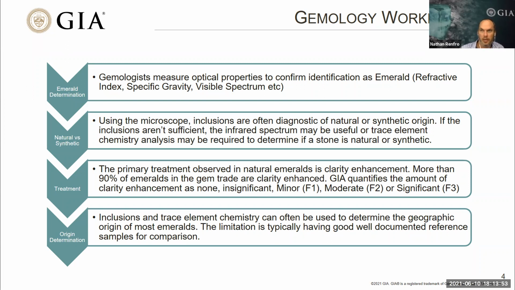A lot of clients really want to know where their emerald comes from. There are a lot of deposits globally, and there are some differences in the appearance of those stones. There's Colombia, Zambia, Brazil, Russia, and so we look at the details of the stone, the trace element chemistry, and the inclusions, and we try to work backwards from the information we can gather in order to determine where a gemstone may have come from.